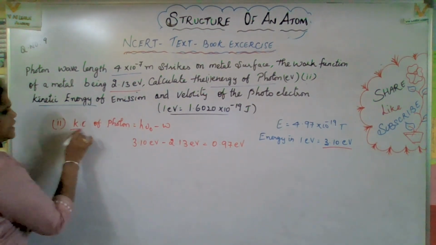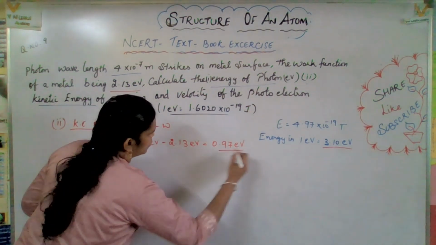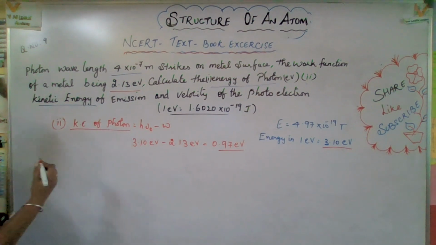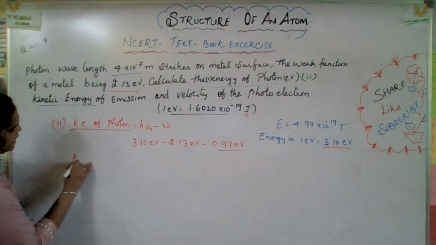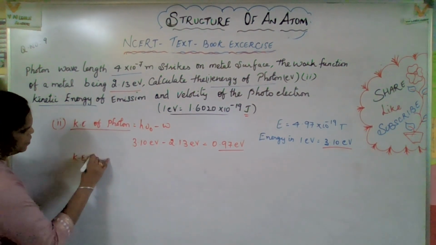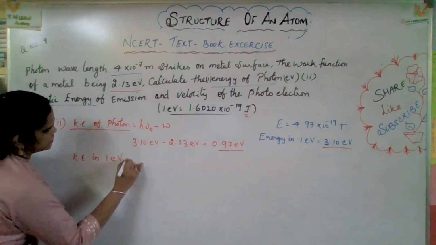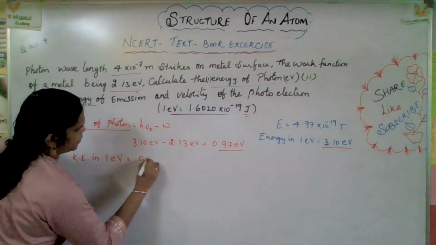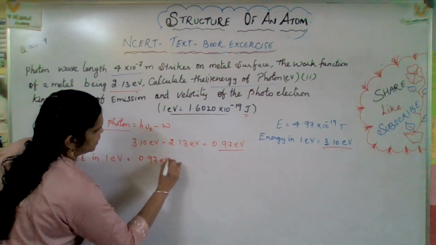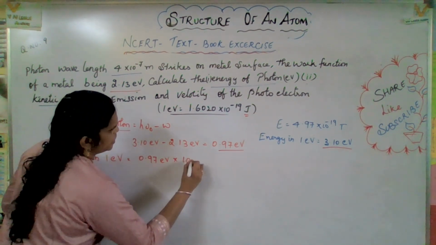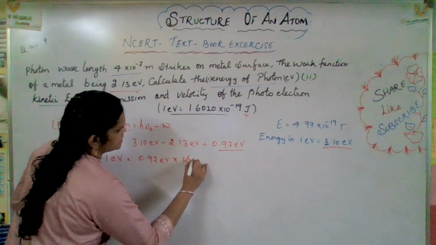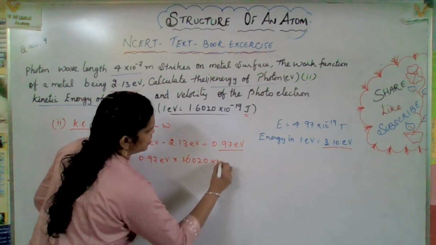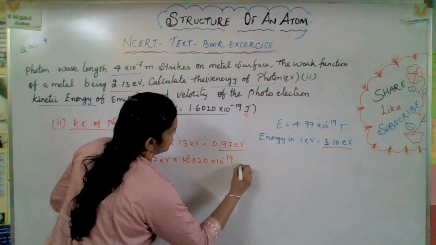Okay, now you got the kinetic energy value. Now find out that kinetic energy in joules. That means 0.97 electron volt into 1.6020 into 10 to the power of minus 19 joule.